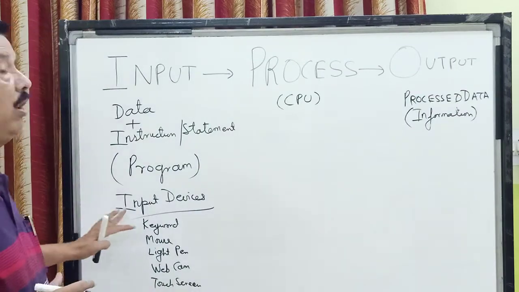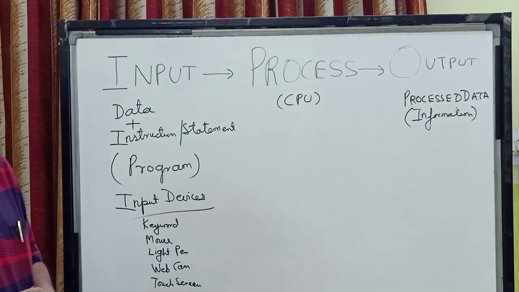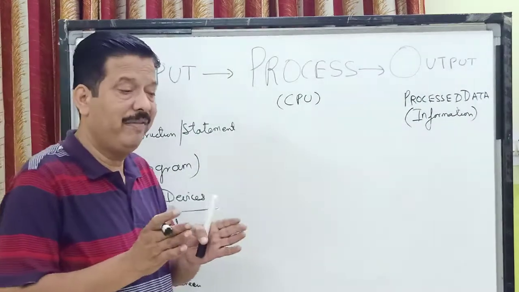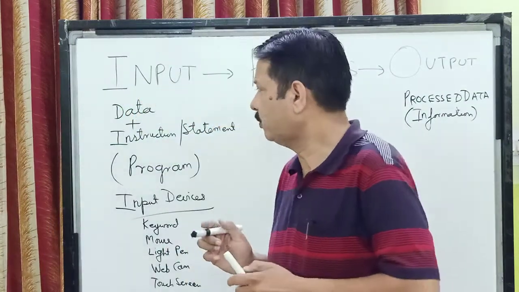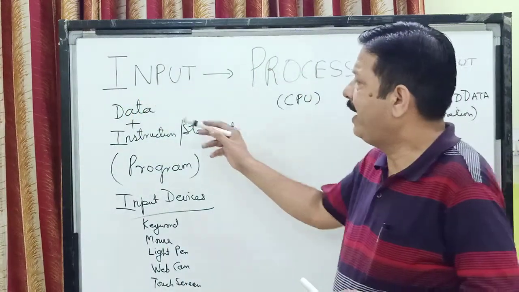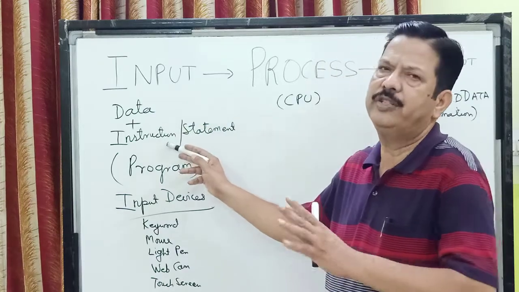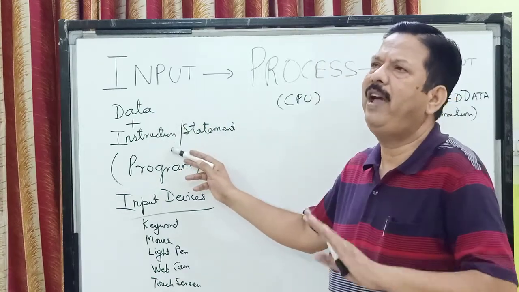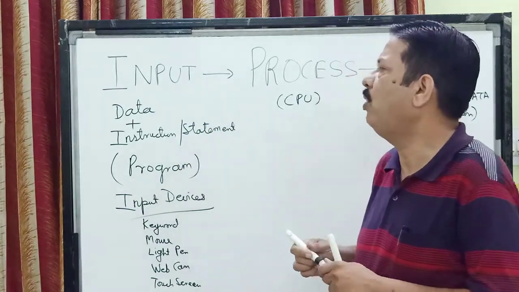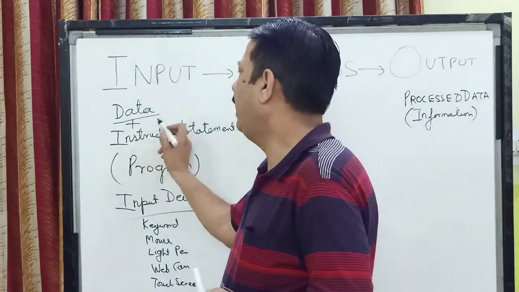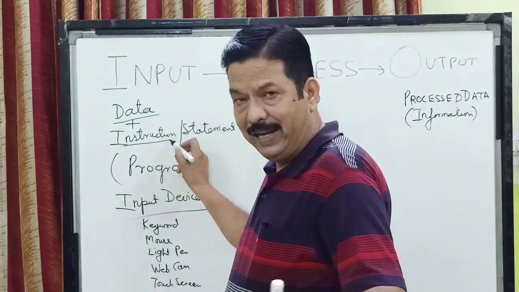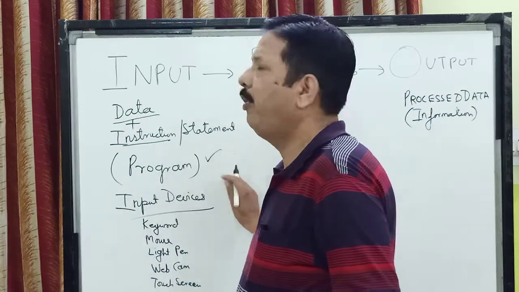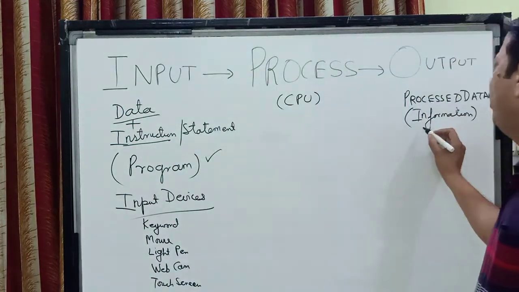Now the question comes, what are these input devices? We say that input devices are those devices through which we enter data and instructions into the computer. So children, whenever we are talking about a program, I am only going to talk about data, instructions, and if there is a set of instructions, it forms a program, and I am going to talk about information.